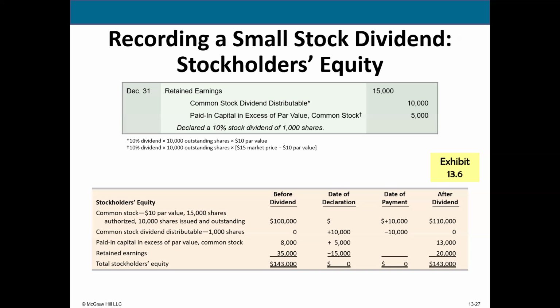So what this does is it shows us how the stock dividend is distributed, and what the effect is on the accounts. You'll notice that total stockholders' equity does not change at all when it comes to a non-cash dividend.